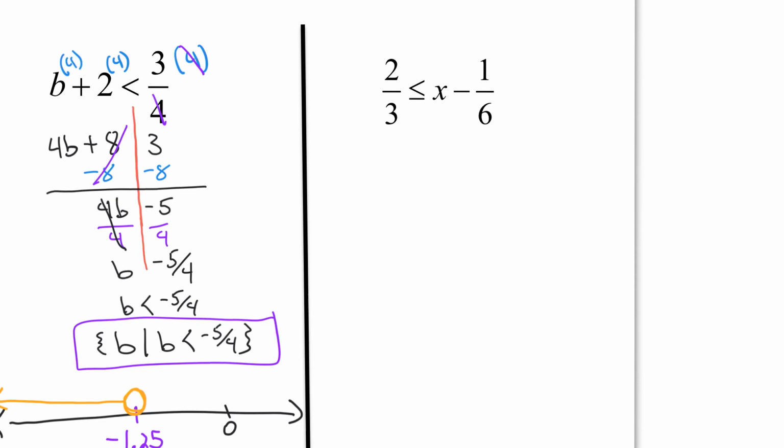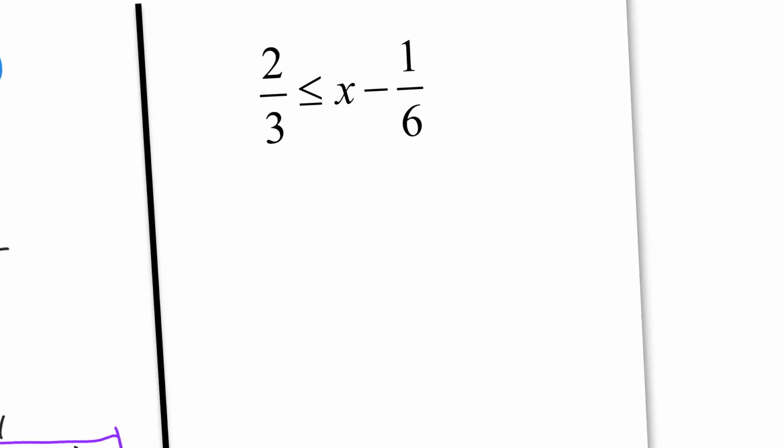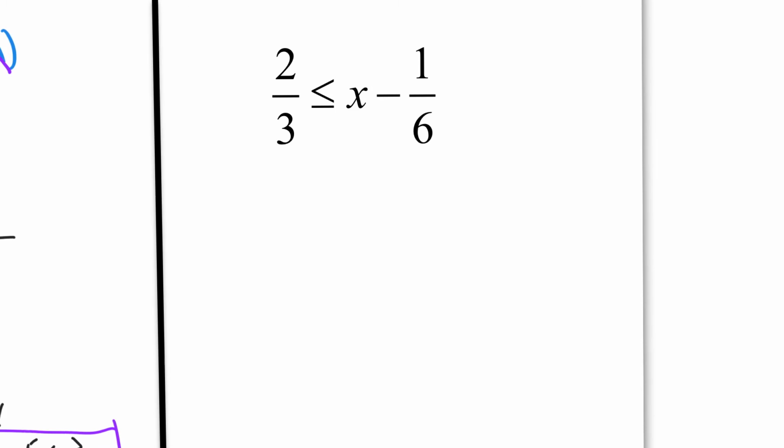Now, if you guys have different denominators, to get rid of the fraction when you solve, you multiply by the lowest common denominator. So here, I'm going to multiply by the lowest common, and the lowest common is 6, because 3 goes into 6, and 6 goes into 6. So I'm going to multiply this by 6, the x by 6, and this fraction by 6.